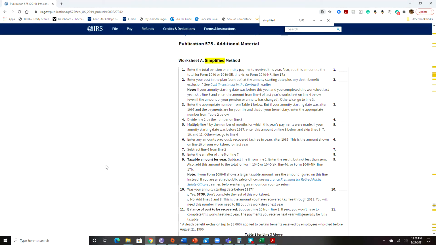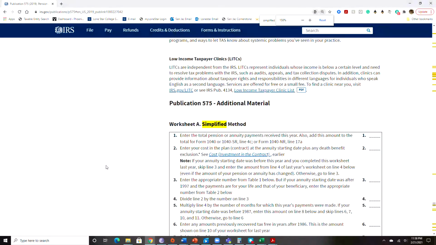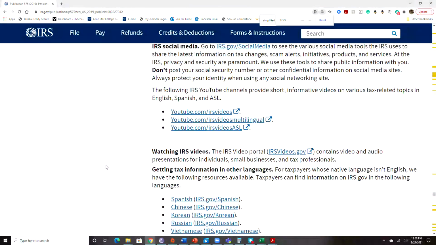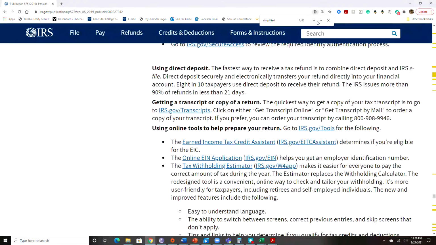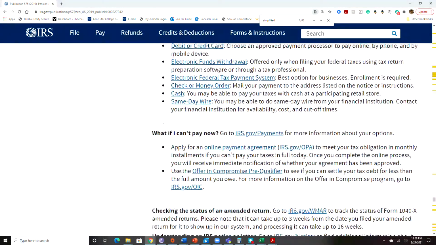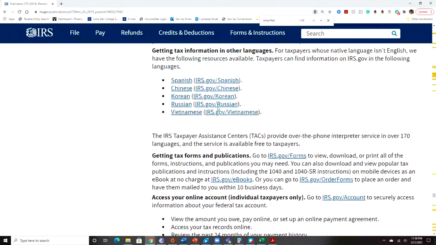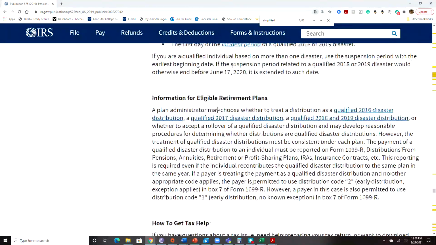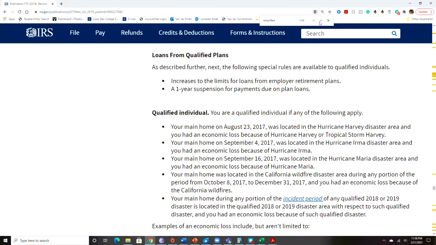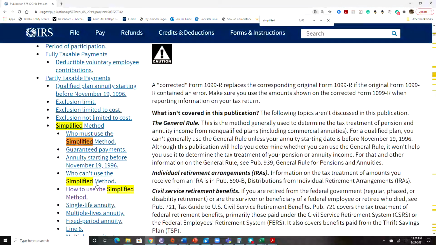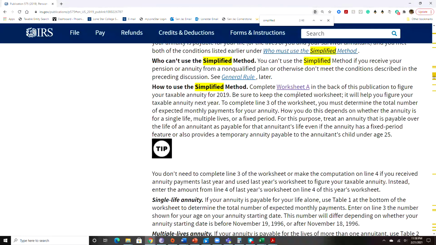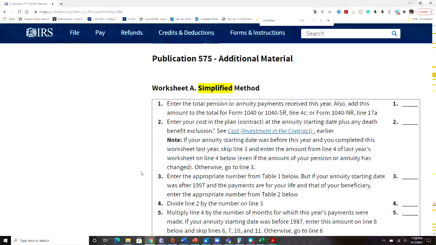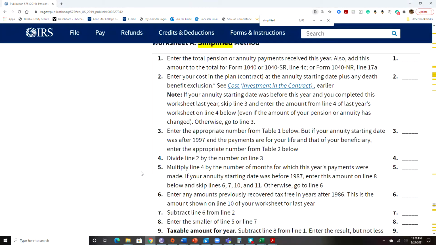So let's blow this up. Oh, kind of lost it a little bit. See, it's either down or it's up. There we go. And there's Worksheet A. Found it again.